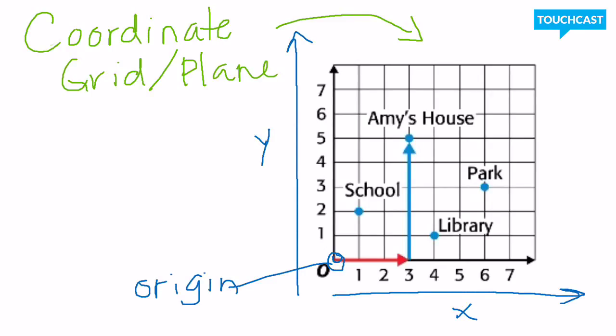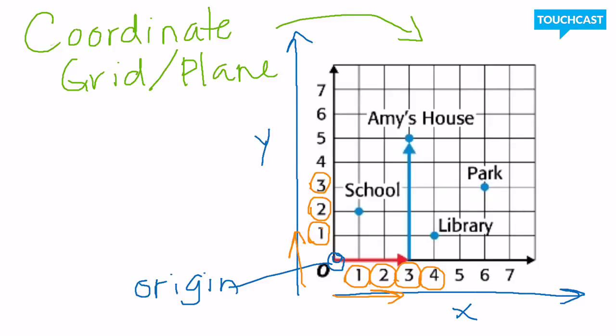So those are three vocab words that we need to make sure we are all aware of. We have our x-axis, which goes horizontally, and our y-axis, which goes vertically. The difference between last week and this week is that both axes have numbers on them. So it's basically like two number lines that have intersected.